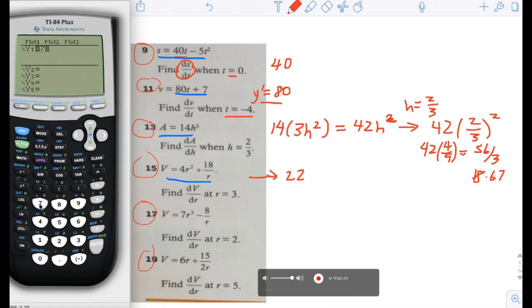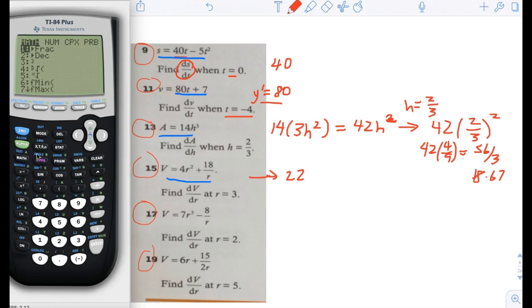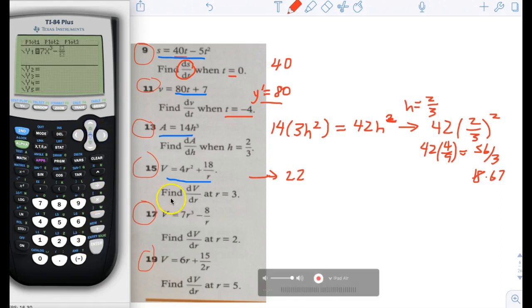And once again, there's a fraction in there, so I think it's a good idea if we use the vertical fraction button, number, last one, nd, and then we're not going to have to put any parentheses on here. So 8 divided by x: 7x cubed minus 8 divided by x, right? And we graph it. And then we're going to look for the derivative at x equals 2.